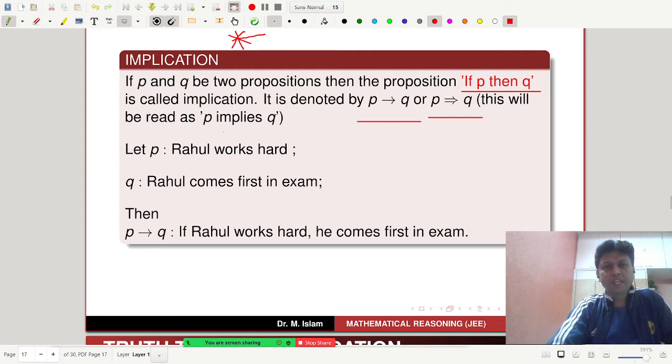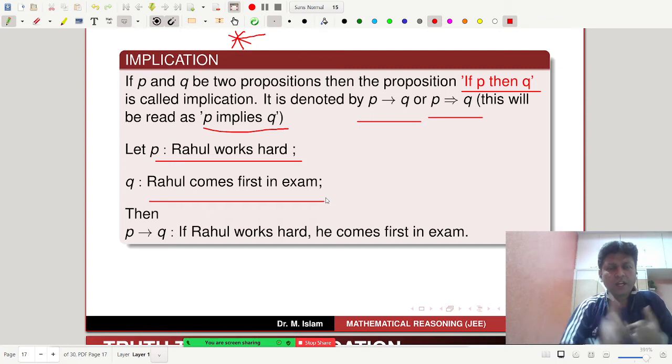This will be read as P implies Q, or if P then Q. Suppose P is the statement Rahul works hard, and Q is the statement Rahul comes first in exam. Then P implies Q: if Rahul works hard, he comes first in exam. That is the implication.